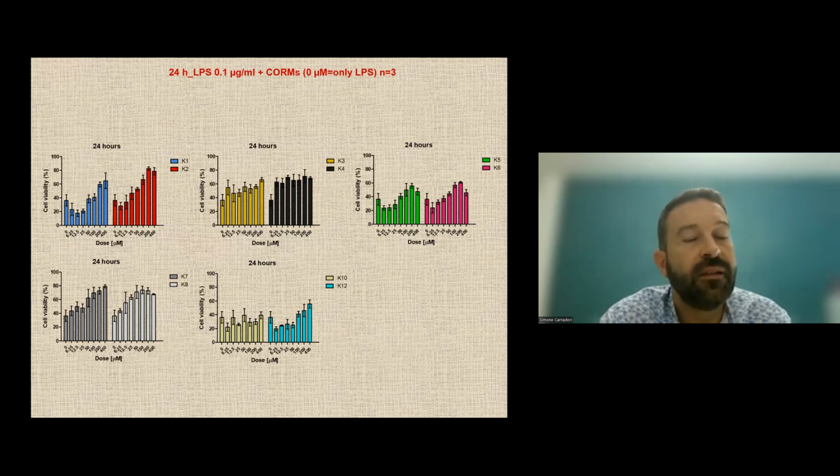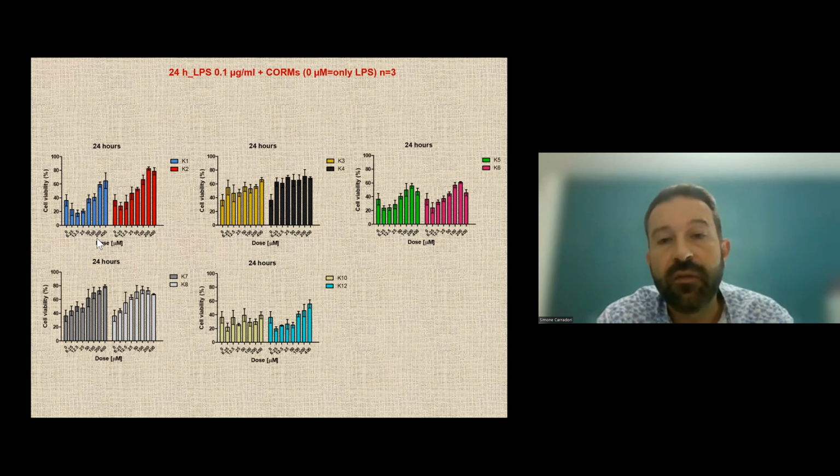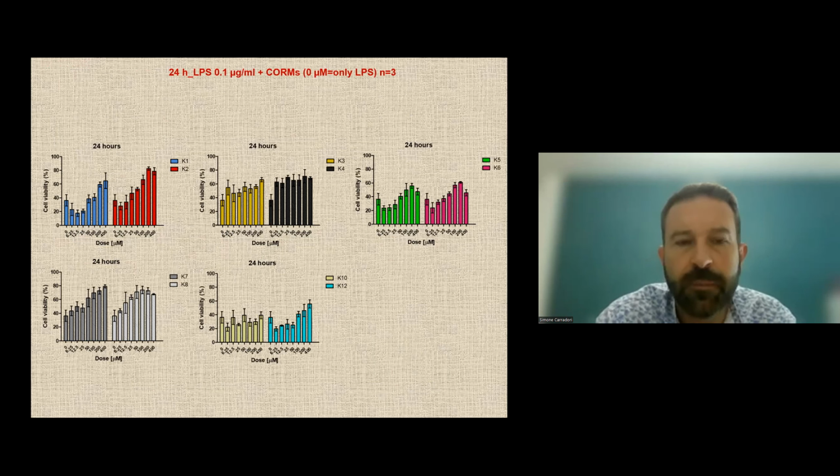Then we treated this cell line with an inflammatory stimulus, in this case LPS, at a specific concentration, and then we treated with the selected CORMs. As you can see in this graph, after a reduction in viability following the inflammatory stimulus, as shown in the control 0, we can have an enhancement of the cell viability when we administer specific concentrations of the selected CORMs, with some compounds more efficacious than others.